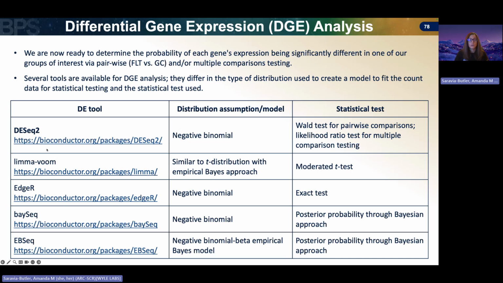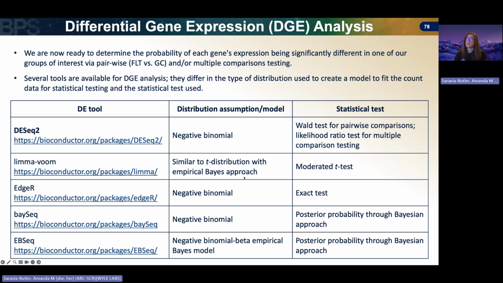DESeq2, the package that we're using, assumes that the data are negative binomial, and it utilizes the Wald test for pairwise comparisons. If you want to do multiple comparison testing, it utilizes the likelihood ratio test. Limma-voom is another tool for differential expression.